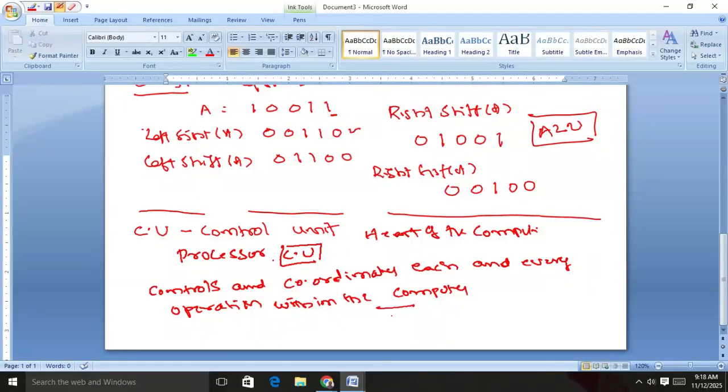Without permission of the control unit, nothing can be performed. Even if I make a tick, it will be done with the help of the control unit only.